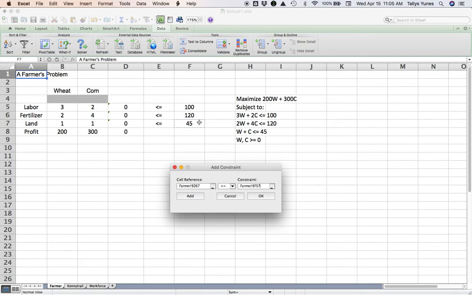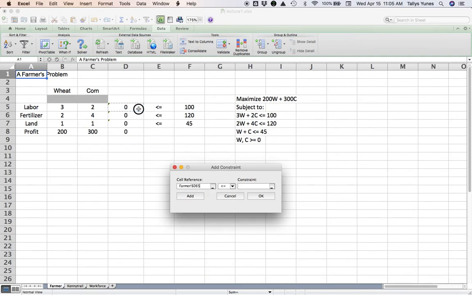Okay. Now, because all of these 3 constraints are laid out such that they are stacked on top of each other, and they have the same symbol, I could have done this differently. Actually, in a single shot, I could have said the following.